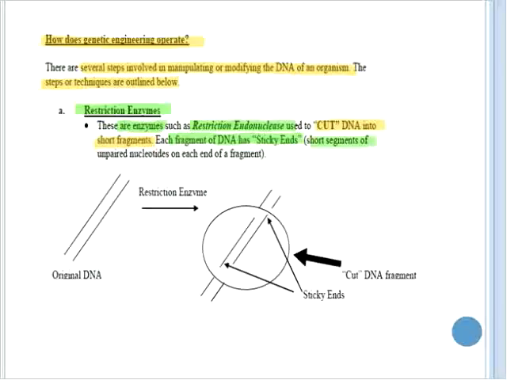These will be short segments of unpaired nucleotides on each end of a fragment. The restriction enzymes cut along specific base sequences. So when the DNA fragment is cut, the sticky ends will be complementary to a corresponding set of nucleotides.